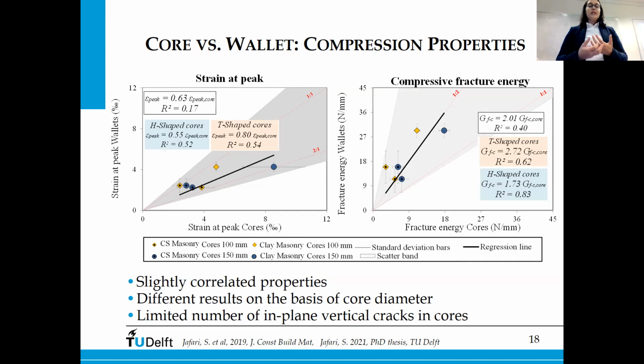Especially for the fracture energy, we can see that the cores dissipated much less energy than the wallets. We try to explain this by the lower number of in-plane vertical cracks in the cores with respect to the wallets.